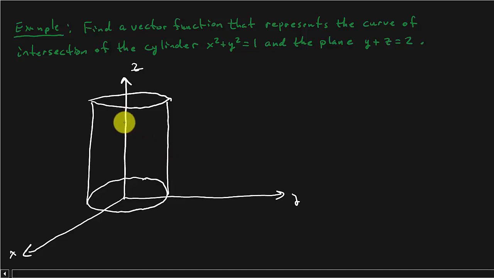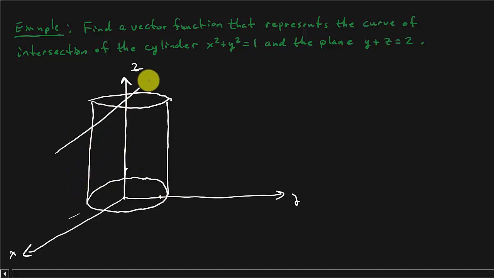When y is 0, z is 2, and you're about right here, and the x values are whatever, it goes in both directions. So the plane is going to go like this in both directions. But you can see when y is 0, z is 2, and when z is 0, y is 2.